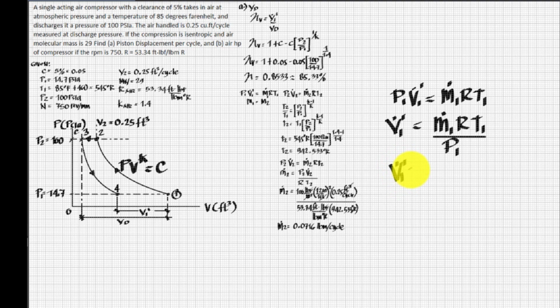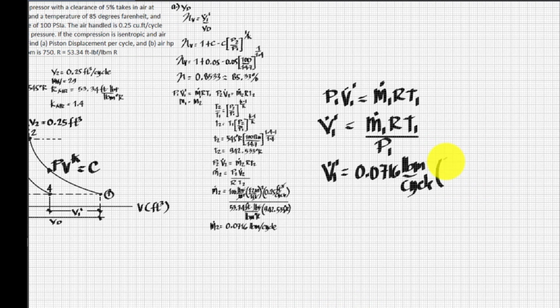So we have your B1 prime. So since nakuha na natin yung mass flow rate 1, so we have 0.0716. So that will be pound mass per cycle. And this is multiplied by the R of the air, which is 53.34.